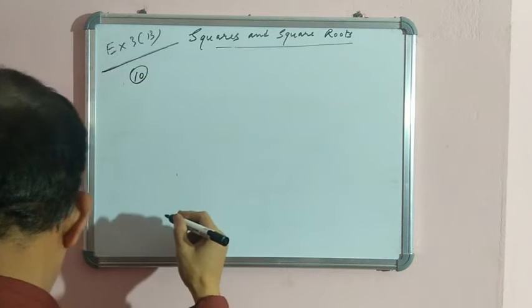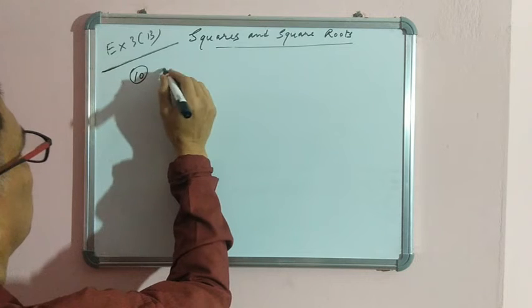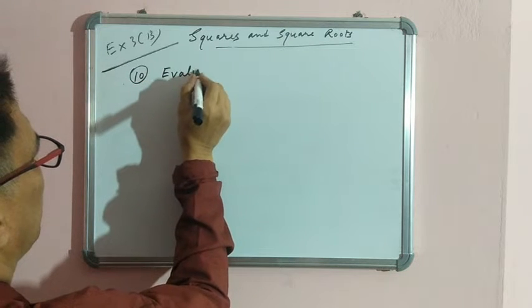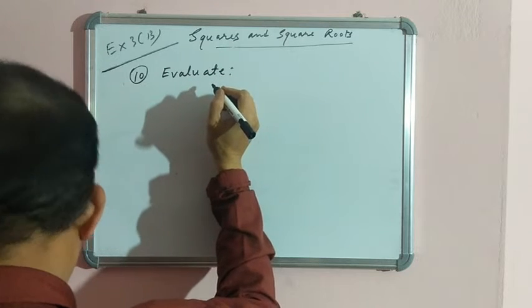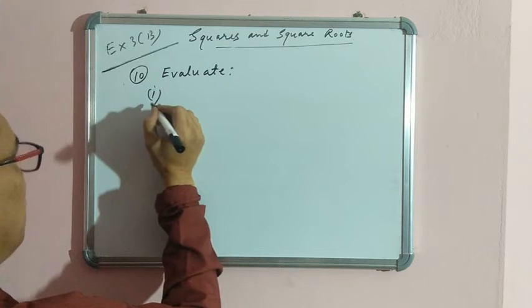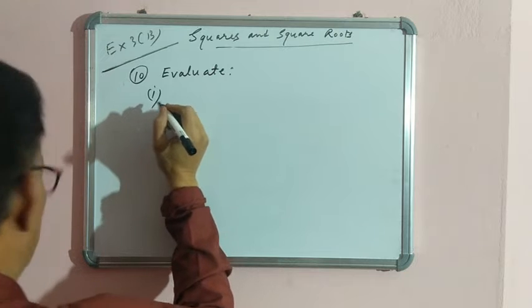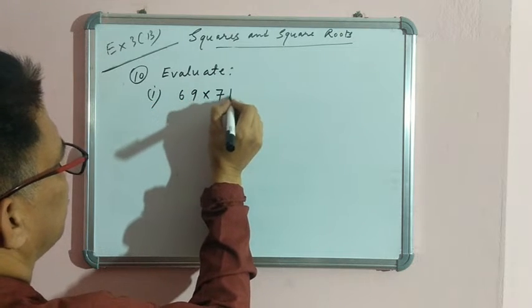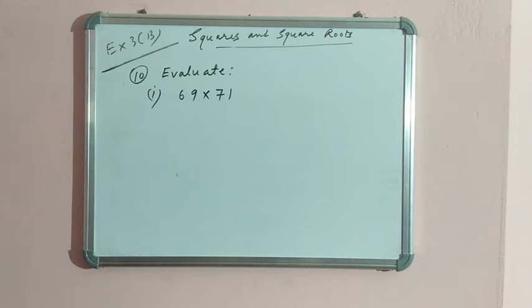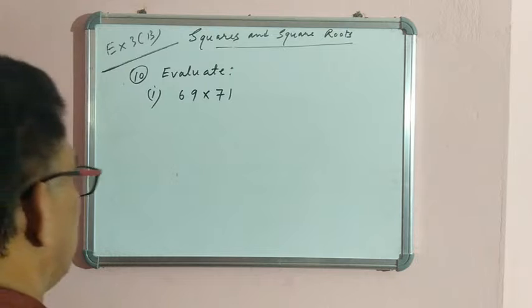Question number 10. Evaluate. The first part I am taking, that is 69 into 71. We will apply another algebraic identity here.